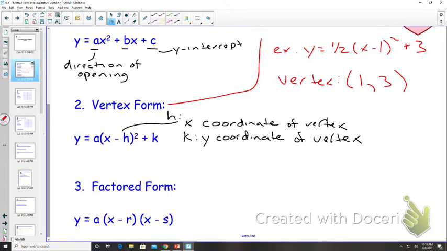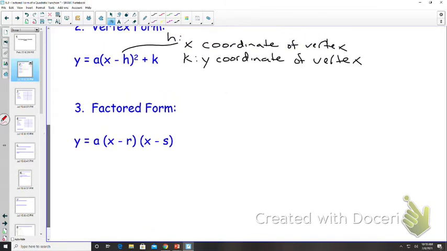And today we're going to be doing our factored form. This is going to be helpful for us. So r and s, these are going to be the x-intercepts. Remember, the x-intercepts are where it crosses the x-axis.